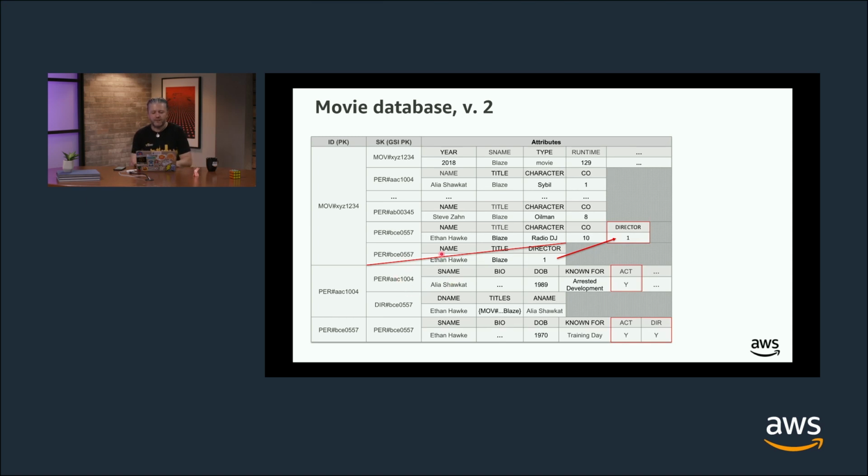So in this case, for example, we conflate the entity and director items for Ethan Hawke. We remove the relationship for the director, but we add that record to the existing relationship for Ethan Hawke to indicate that he's also a director as well.